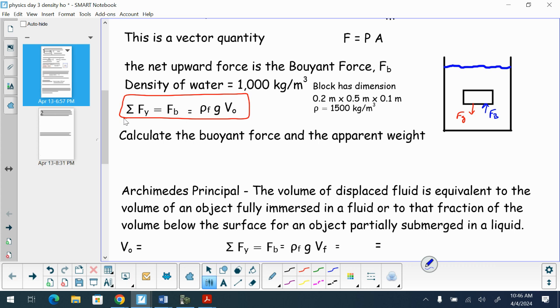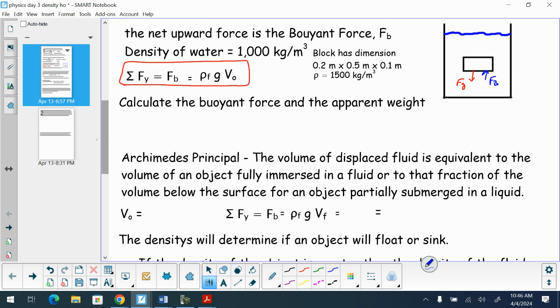How we can calculate that buoyant force, which is what we talked about yesterday, is the density of the fluid times gravity times the volume of the object.